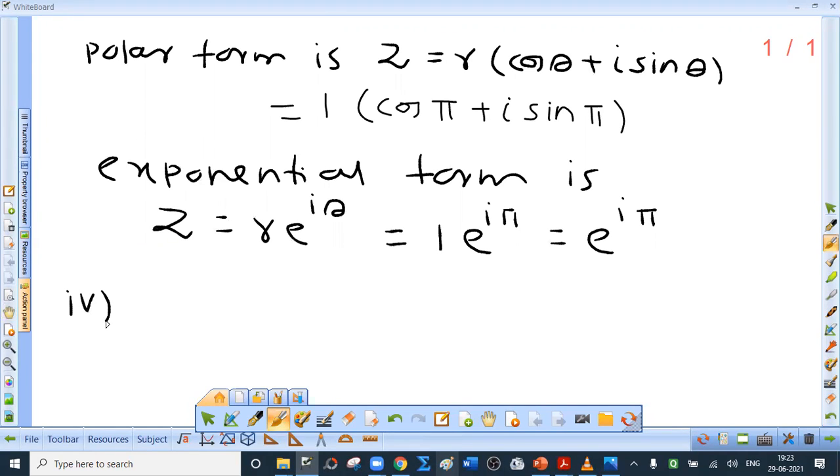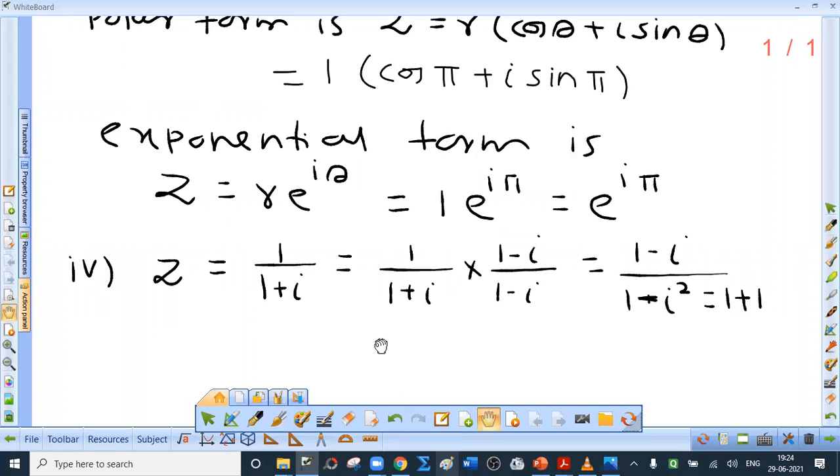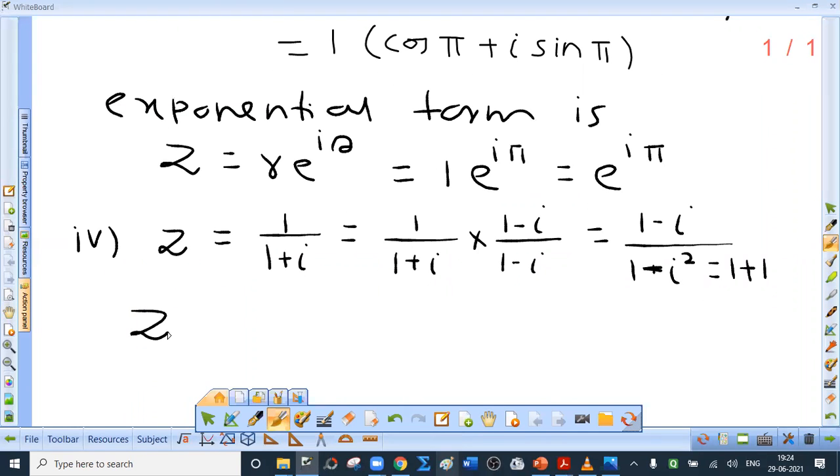Fourth one. Sum number 4. What is z? It is 1 upon 1 plus i.